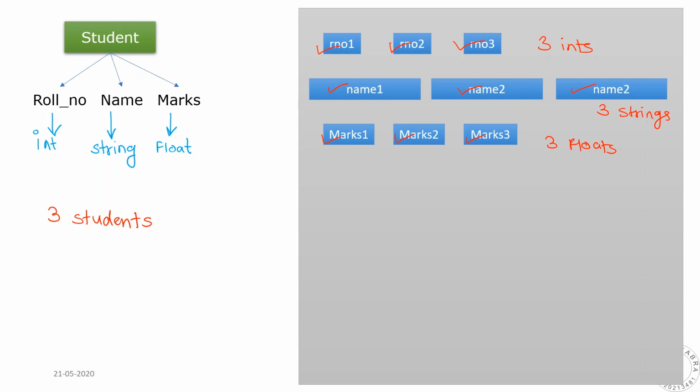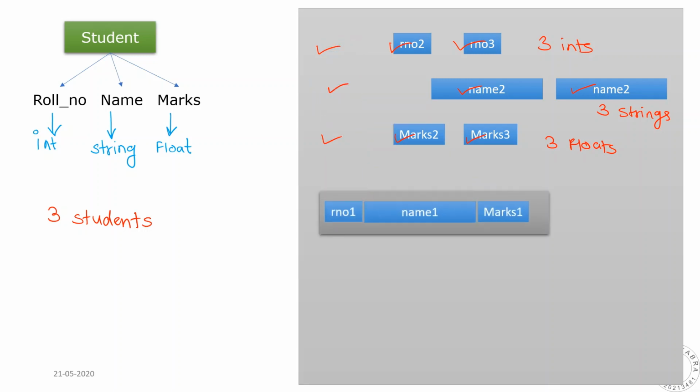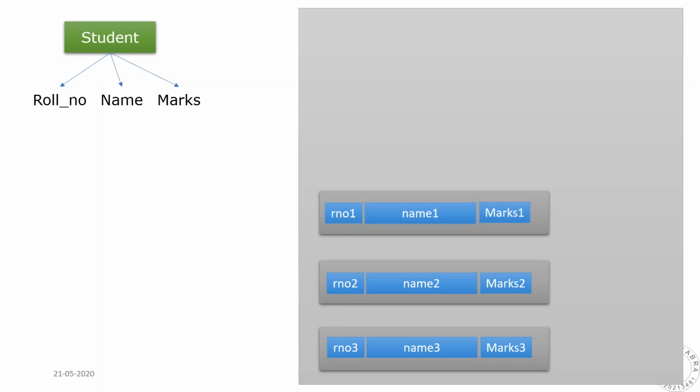Best case is possible if we could club these 3 attributes of a student, a single student, together in a single variable like this. In this case, this is student 1, student 2, student 3, and here we have bundled all the 3 properties together in a single variable.